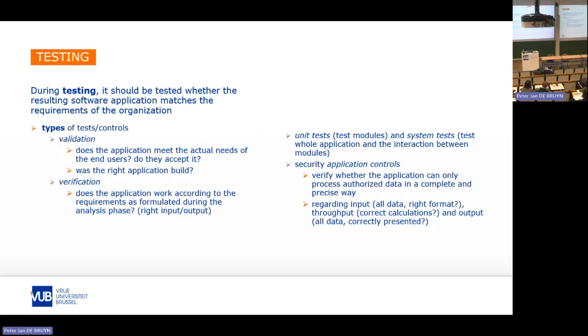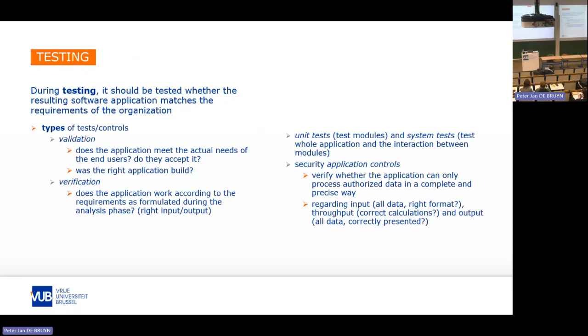Now, when we look at a system, often we will not just use the system as a whole. Often some unit tests will be done, so specific parts, specific modules in the system will be checked. So does this part of the system work? Does this part of the system work? Does this part of the system work? And then there will be system tests, those who check the links between those modules. Do they accurately communicate with one another? Do they interact in a proper way?